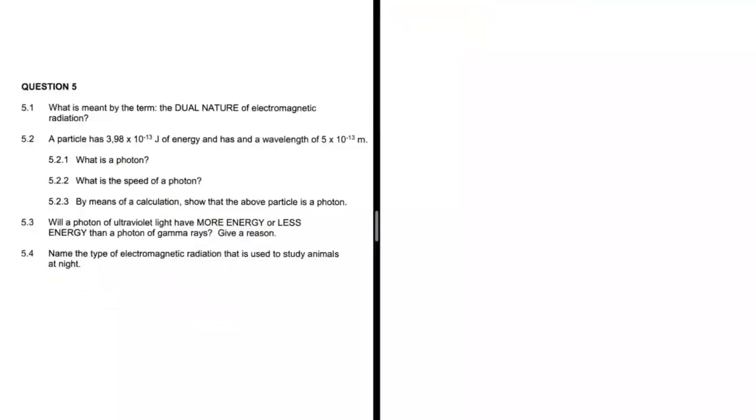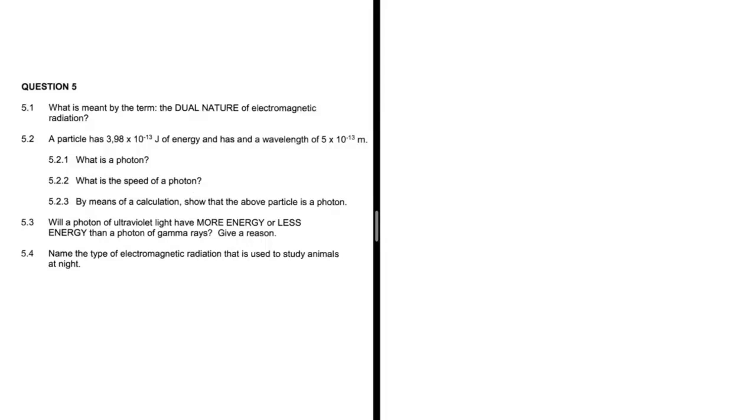What is meant by the term the dual nature of electromagnetic radiation? So what it means is that electromagnetic radiation behaves as both a wave and a particle. It shows characteristics of a wave and characteristics of a particle.